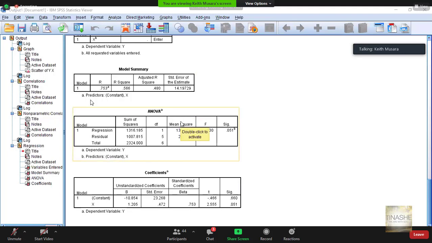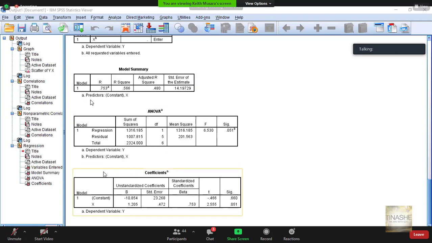The first table gives us the R and the R squared, adjusted R squared, and the estimated standard error. The following table gives us the ANOVA table. I'm sure those who have read chapter 3 of our notes will realize there's analysis of variance for the regression. That's the part that I will be able to explain after I've given you the audio.